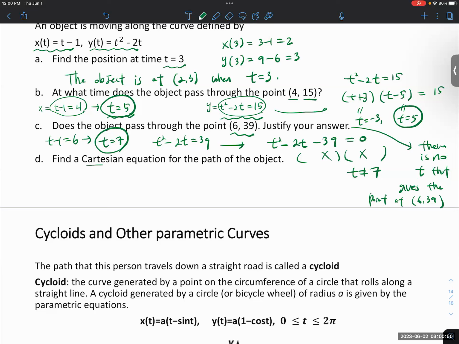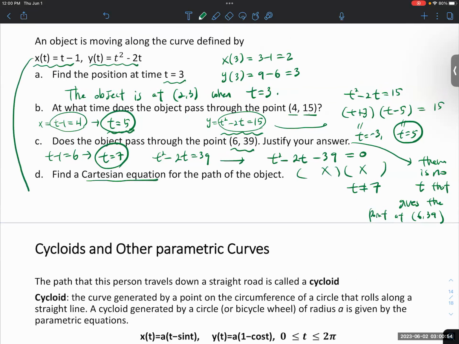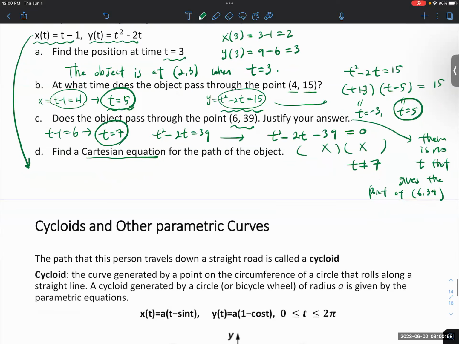D, find the Cartesian equation. So we know how to find the parametric equation from the given x and y. So what are you guys going to do? I'm going to change the color. x equal to t minus 1, y equal to t squared minus 2t. Here we have to solve for t first, right? So t equal to x plus 1.